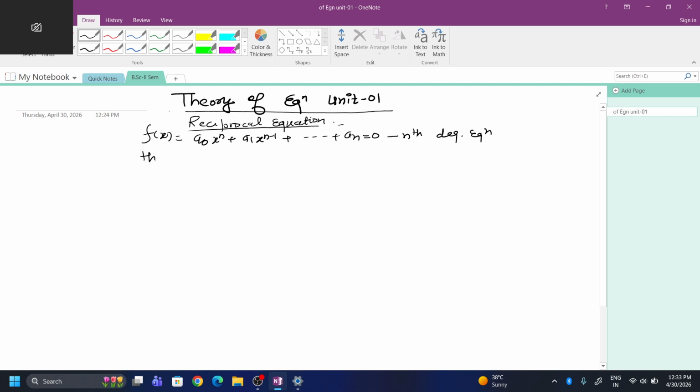Then it is said to be a reciprocal equation if we put x = 1/x in f(x).